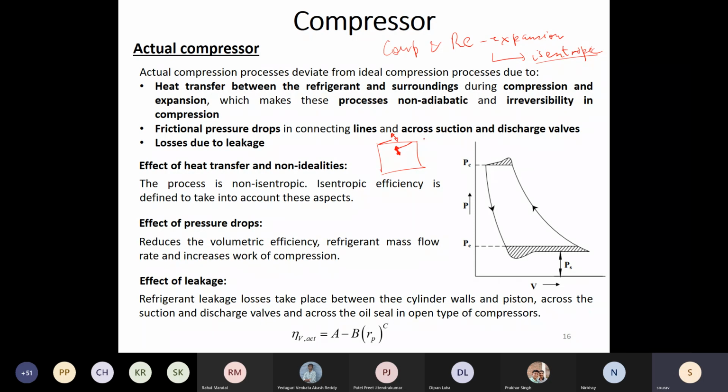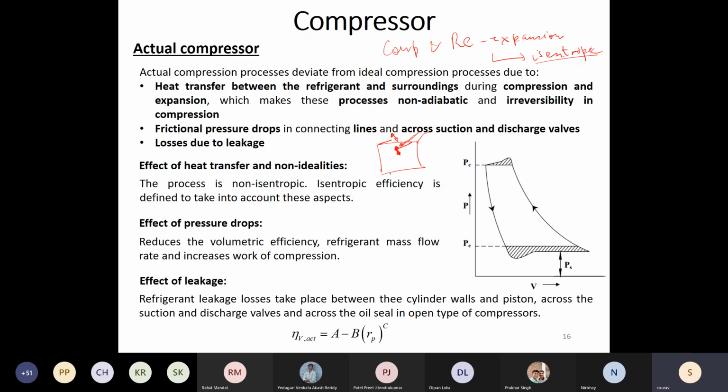Now your refrigerant, when it enters, it has to enter through this small opening that is created by movement of this valve. So that also acts as a flow restriction. So there also you will have some amount of pressure drop or throttling. Okay, so this will also lead to some loss in your volumetric efficiencies.